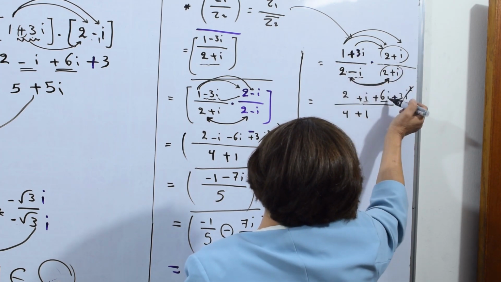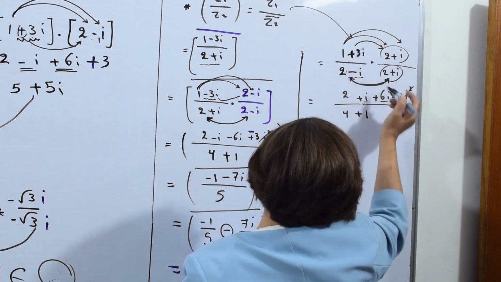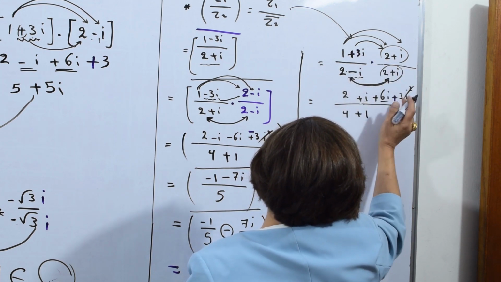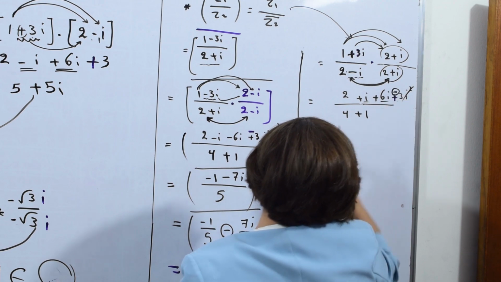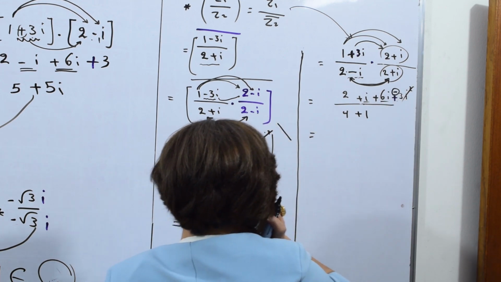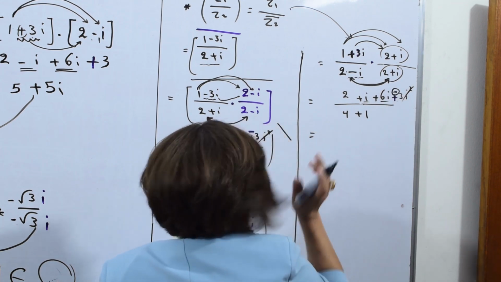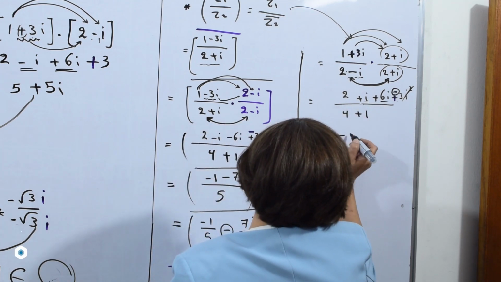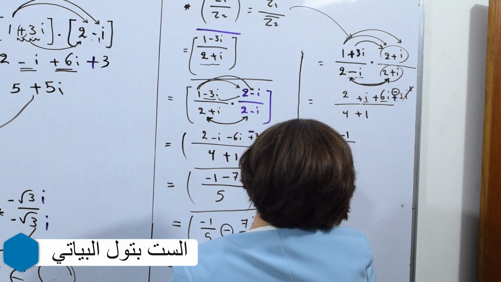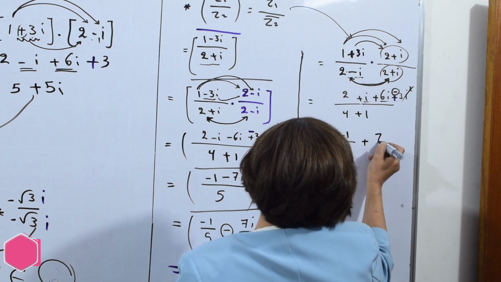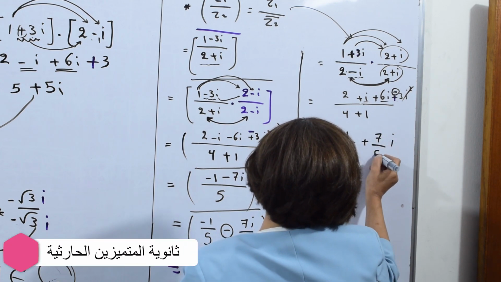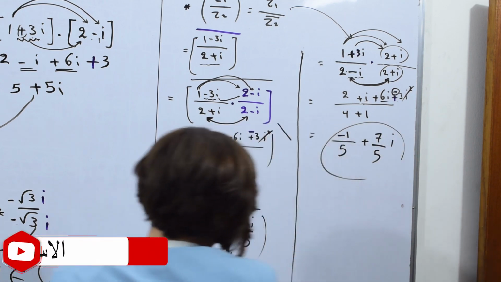Positive times positive give me positive. 3i times i give me 3i squared. Change this sign, that means negative 3. 2 minus 3 give me minus 1 dividing on 5. Positive 7i over 5, it is the same result.